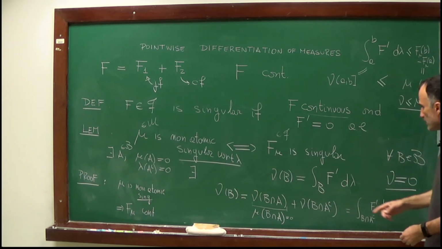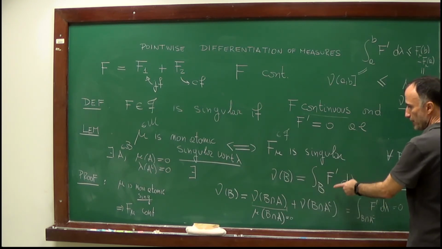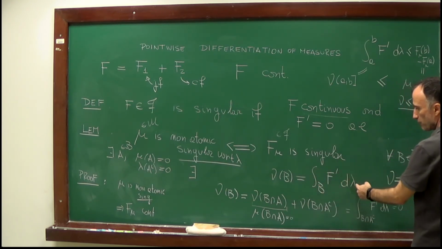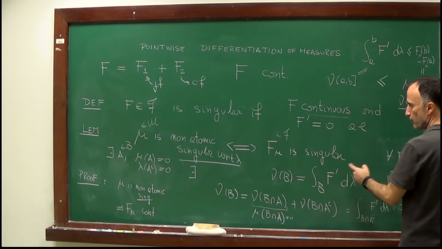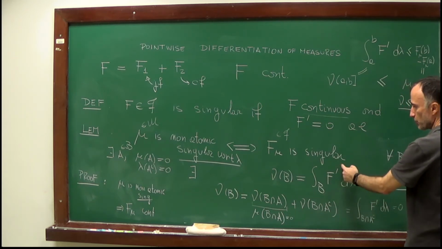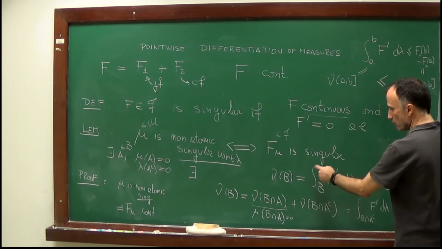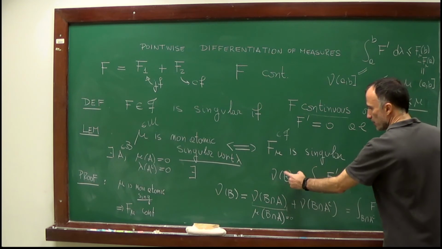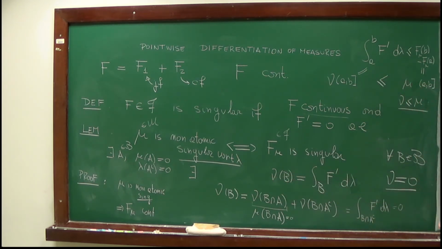Well, if nu of B is equal to 0, f prime, which is given by this formula, has to be equal to 0 almost everywhere, right? Because if f prime was not equal to 0 everywhere, we could find a set B for which this integral was strictly positive, and therefore we'd find a set B for which nu of B is strictly positive, which we just proved is not possible.